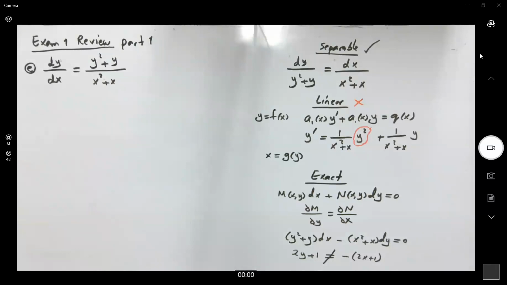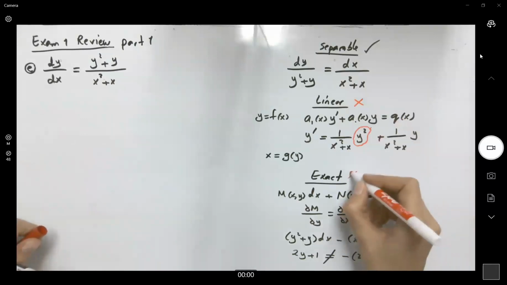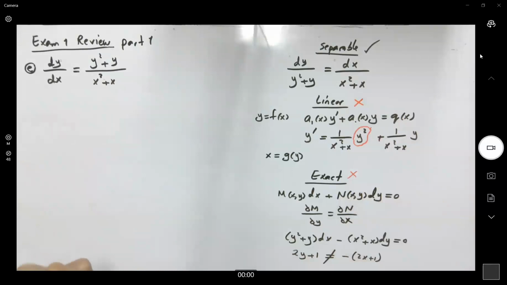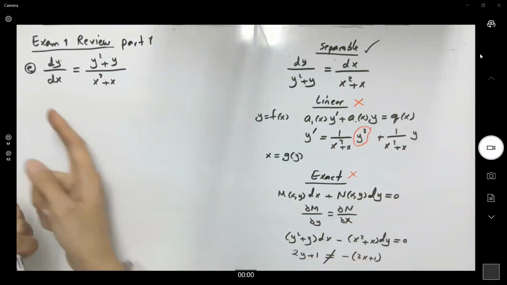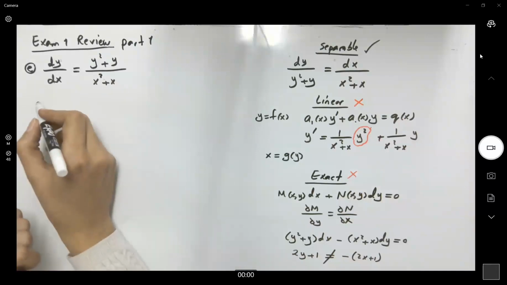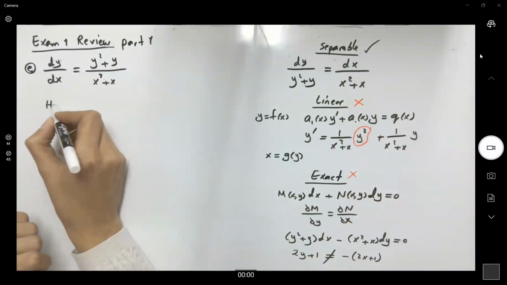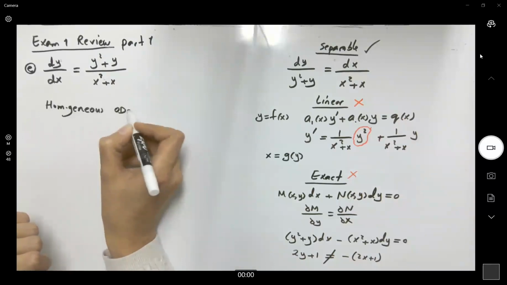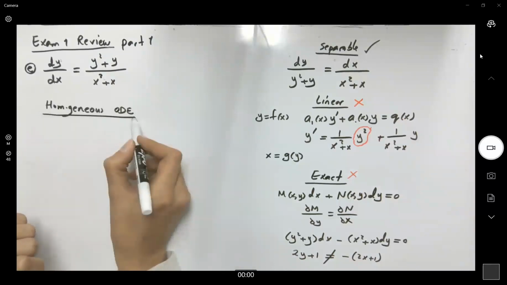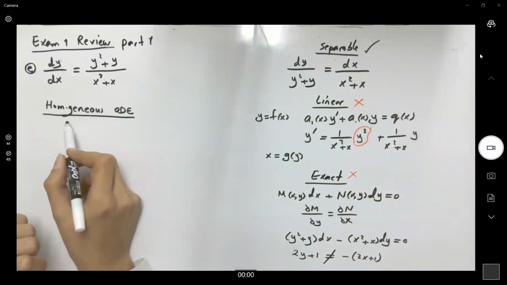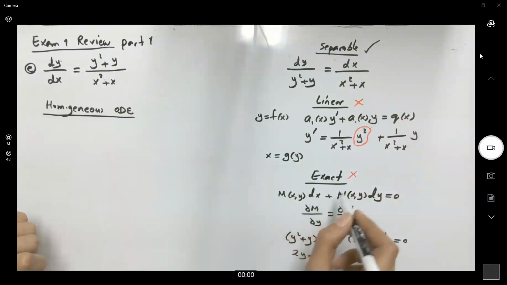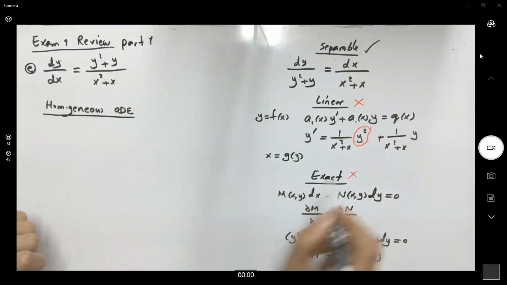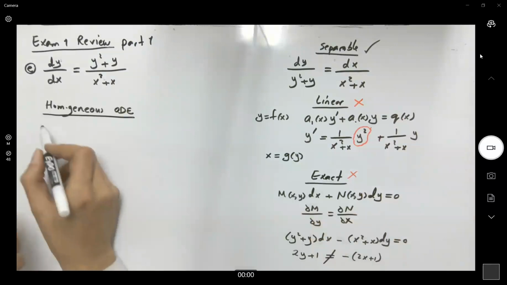So if this is not exact, you might be interested in saying, hey, can I use substitution eventually? It means, do I have a homogeneous differential equation? To check to see if it's homogeneous, we need to check to see if M and N in differential form are homogeneous functions or not.